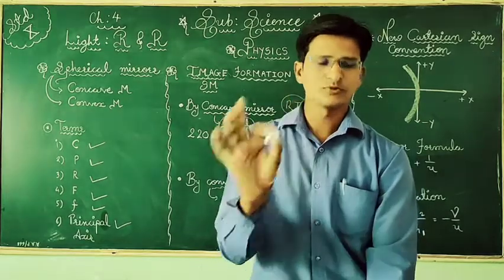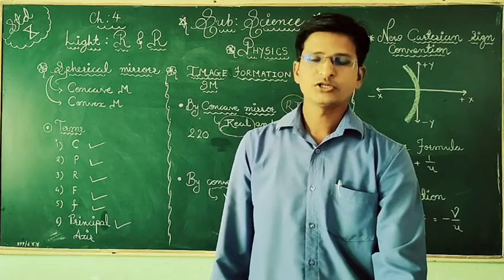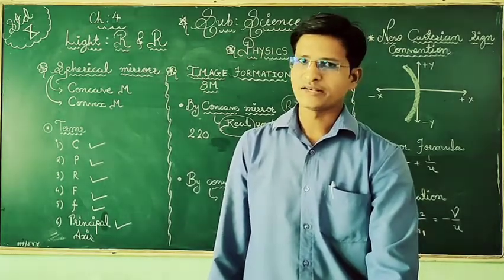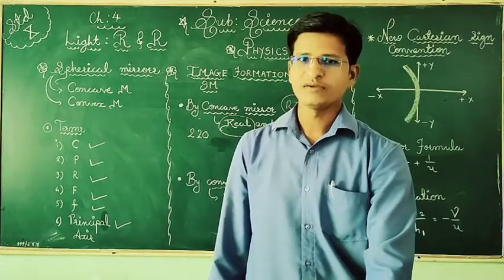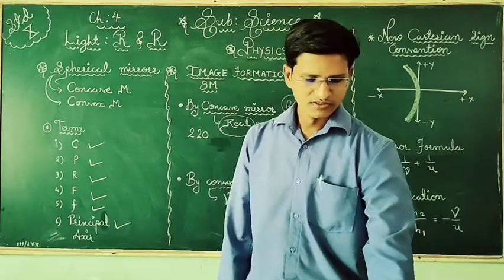Diminished means very small. So at infinity, the image is at F, real and inverted, and highly diminished. This you have to remember.